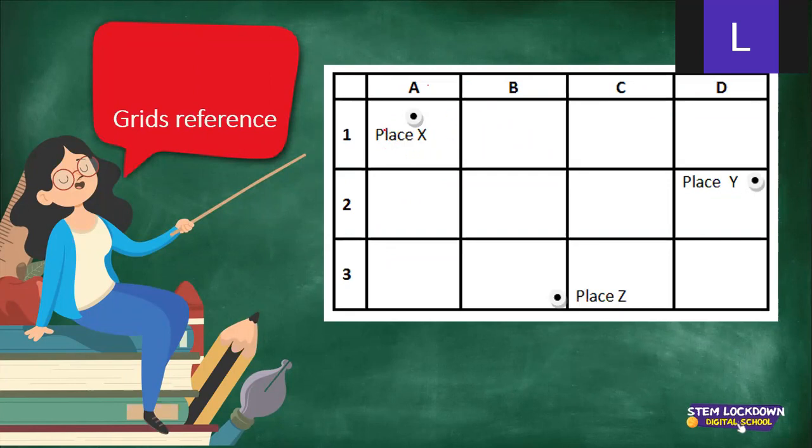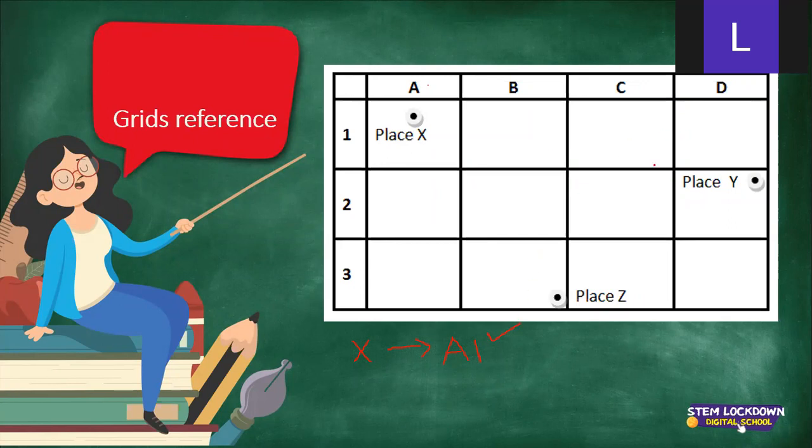So in this case, place X, which grid is this? The correct answer is A. You can see it is in line with A and also in line with 1. So A1. This is actually the correct way of writing it out. Sometimes learners say 1A. I encourage you to write the letter first and then the number.